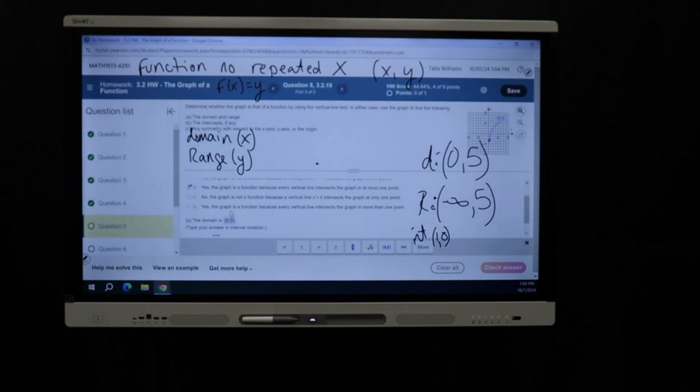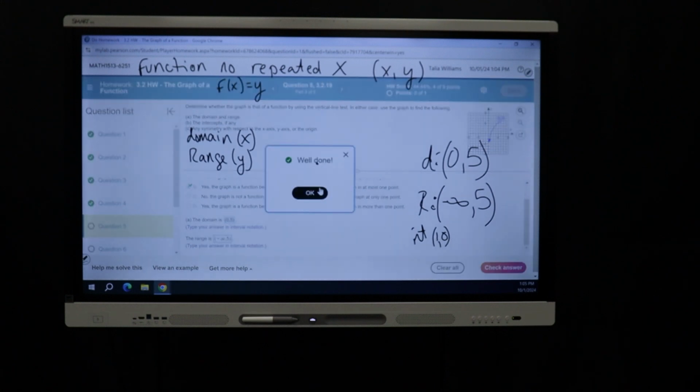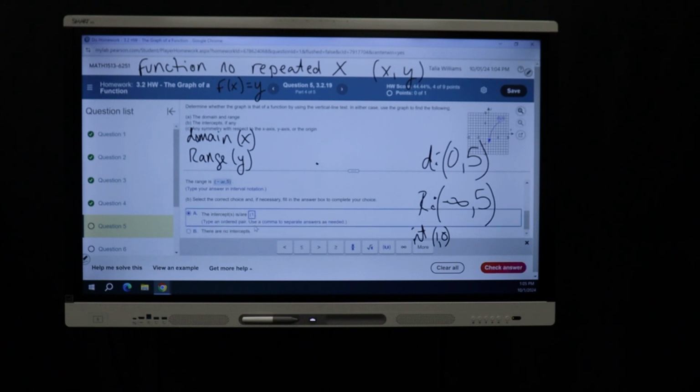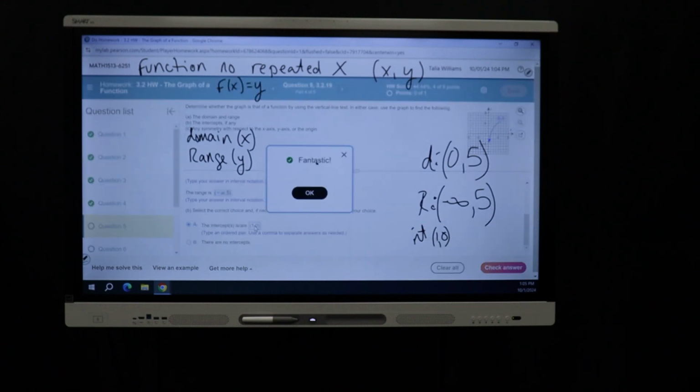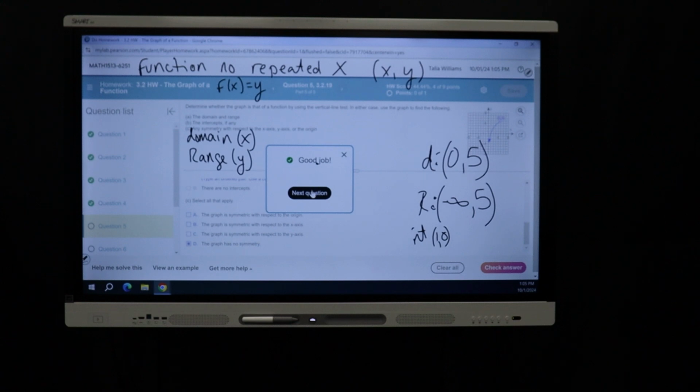Range, negative infinity to 5. It's not equal to it, leave it open. Intercept, they wanted ordered pairs, so 1, 0. And then no symmetry because it's not going to line up regardless of how we fold that.